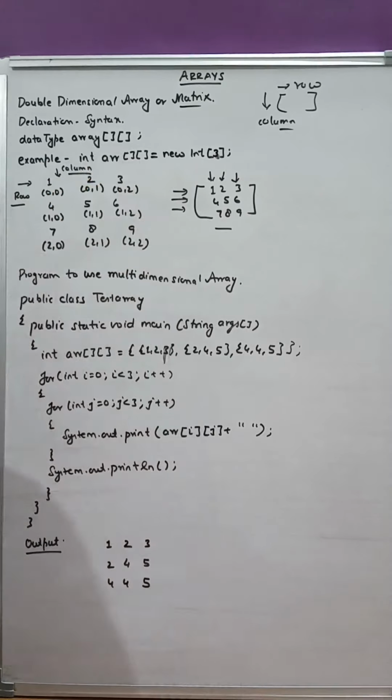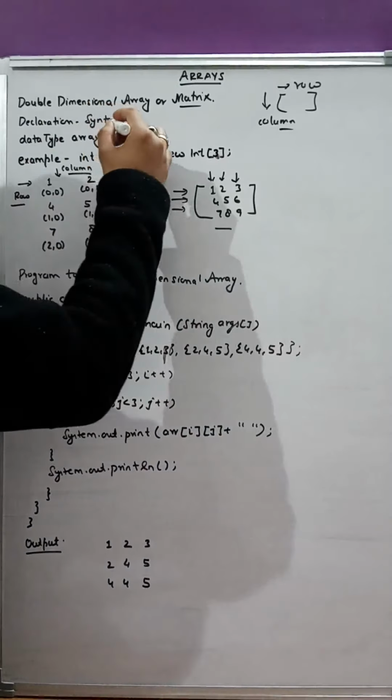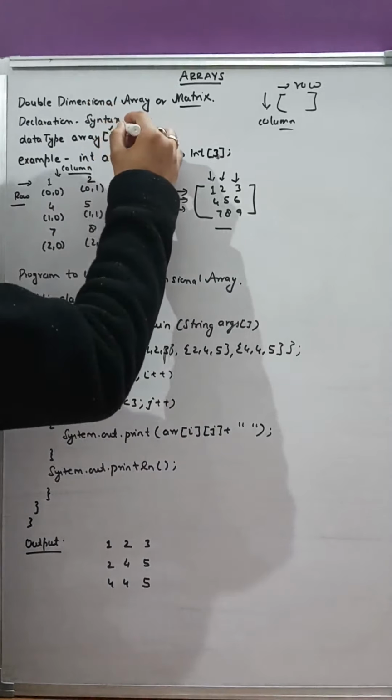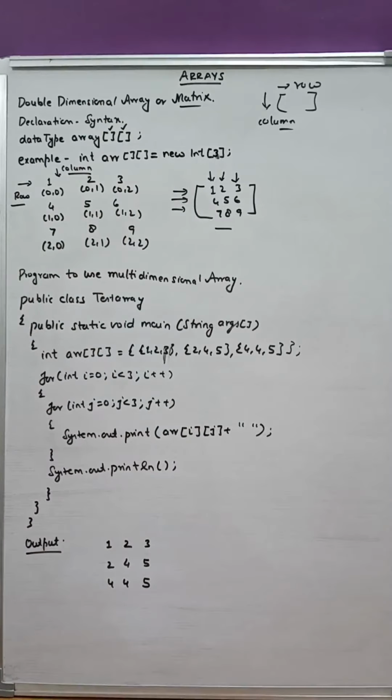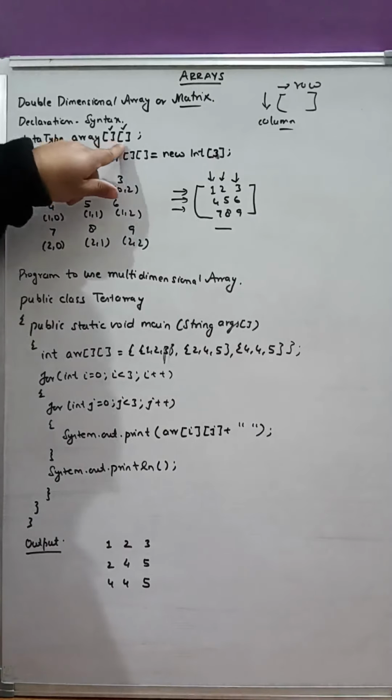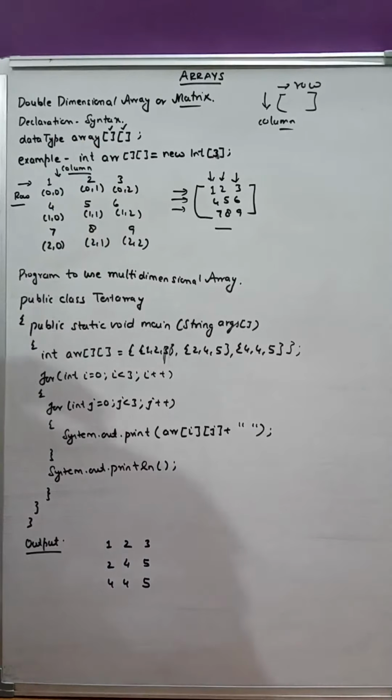As I told you in earlier lectures, the number of square brackets defines the dimension of the array. Here you have 2 sets of square brackets, hence this declaration is for a double dimensional array or matrix.